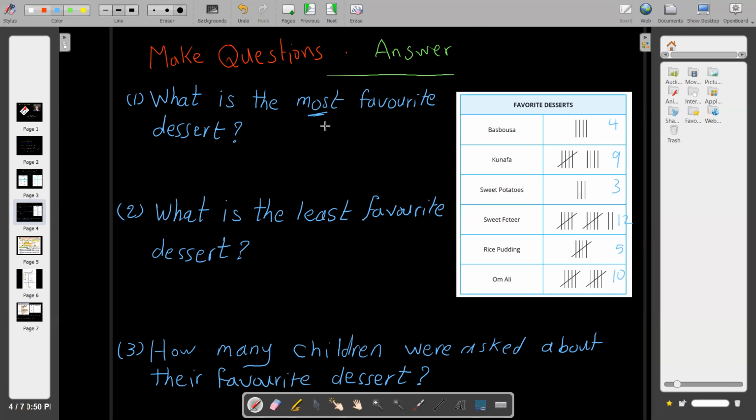So which is the most favorite dessert? We look for the greatest number, 12. What is the food? Sweet fatir. So we write here sweet fatir.